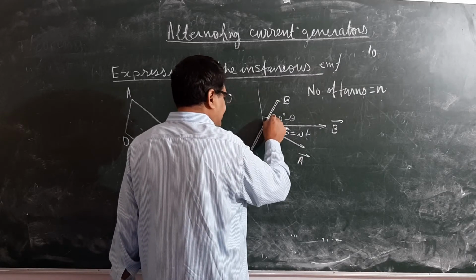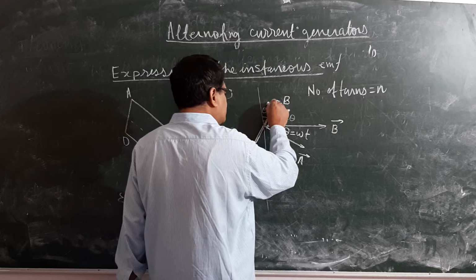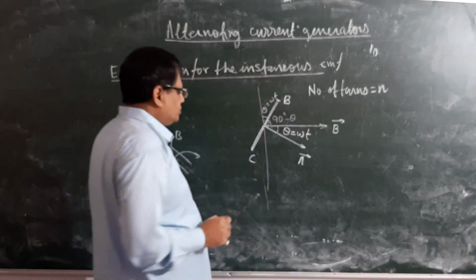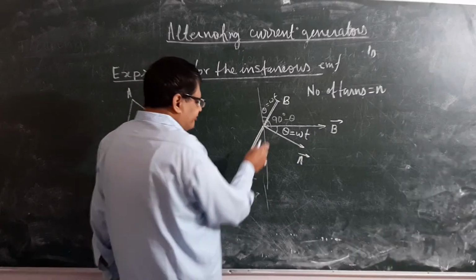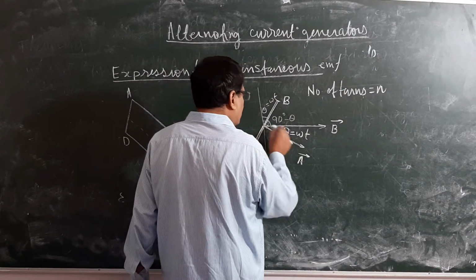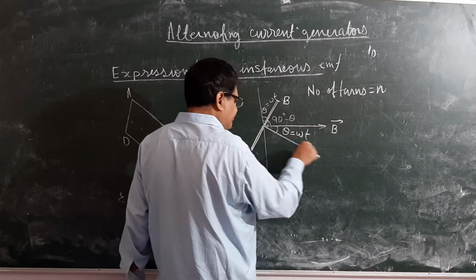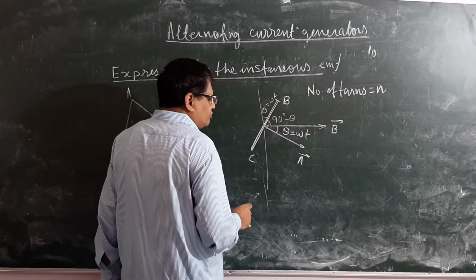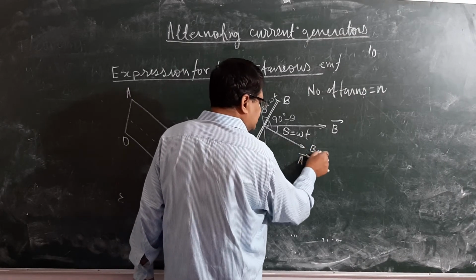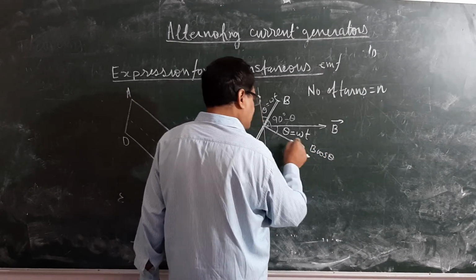So this angle becomes theta, and that is equal to omega t. So the component of A along the direction of B, or component of B along the direction of A, can be written as B cos theta along the direction of A.